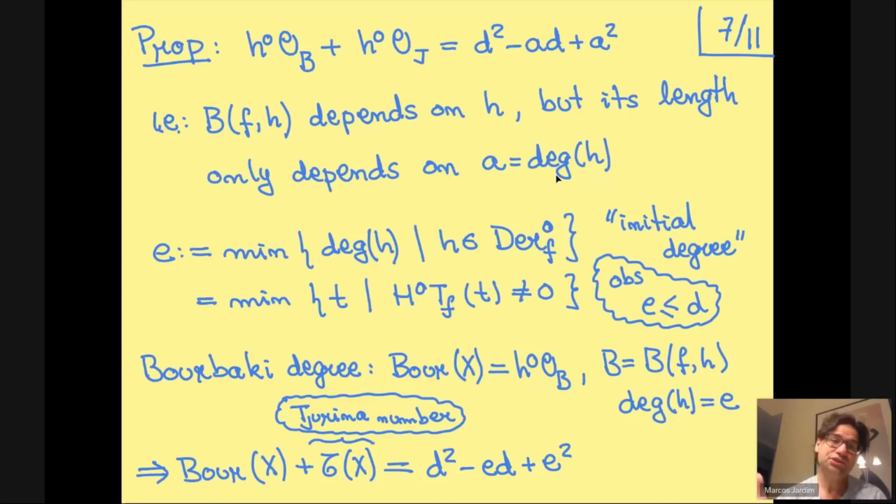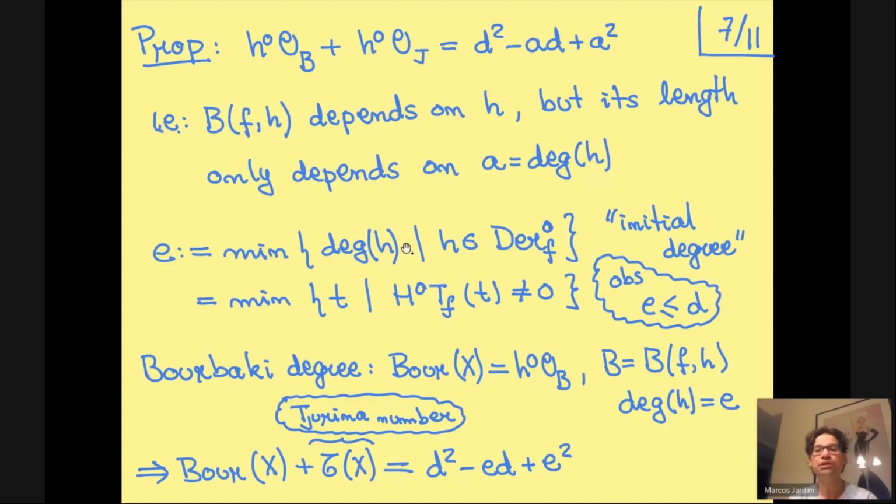So one way to get rid of this dependence on the syzygy is looking at what is called the initial degree in commutative algebra. So the smallest, the minimum possible degree for a syzygy of f.